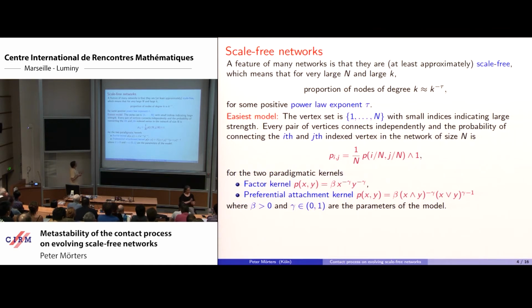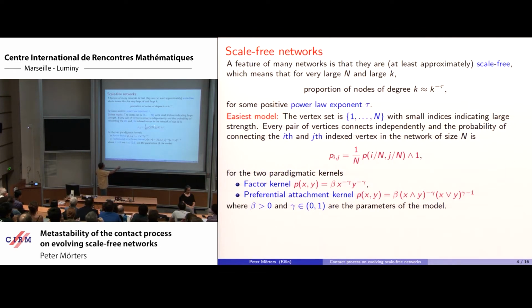And then we connect every pair of vertices independently. And this independence, of course, is what makes the model easy and tractable. The probability of connecting the ith and the jth index vertex in the network of size n is given by a kernel P with two arguments on the interval 0, 1, and this kernel P is decreasing in both components, and we put in the indices i and j rescaled to be in the interval 0, 1.